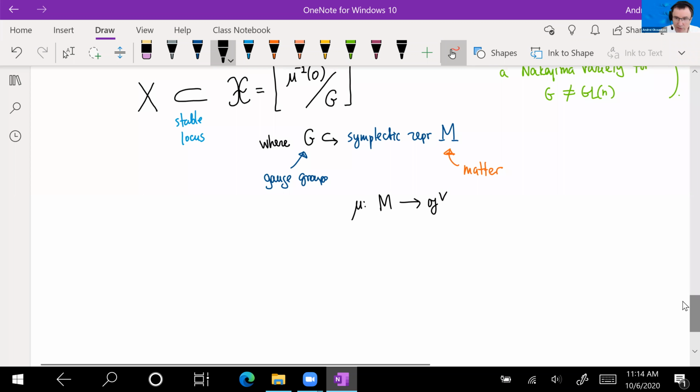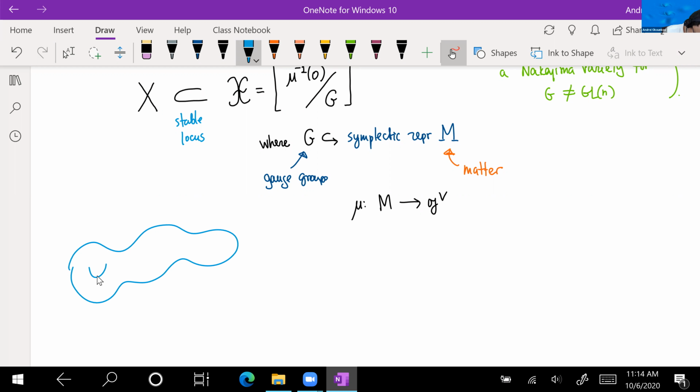The goal is that instead of mapping, and maybe it's easier for me to draw another curve, instead of mapping this to X, what does it mean to map to the quotient stack? We decided at the beginning that you have to allow certain singularities, and otherwise it doesn't work.